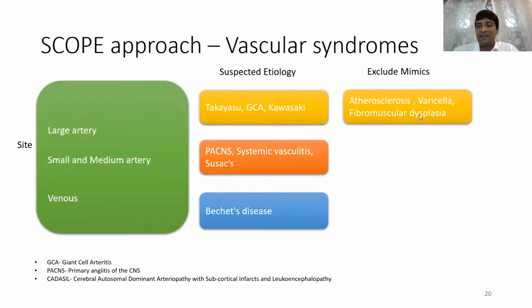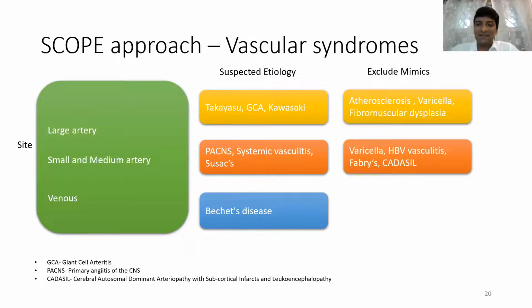Mimics to be excluded. Varicella produces a large artery angiitis and should be carefully looked for. The PCR is not reliable, but rising antibody titers is a good way to make a diagnosis here. And fibromuscular dysplasia is a non-inflammatory condition, a collagen disorder, which may mimic a vasculitis, but usually doesn't involve the intracranial arteries.